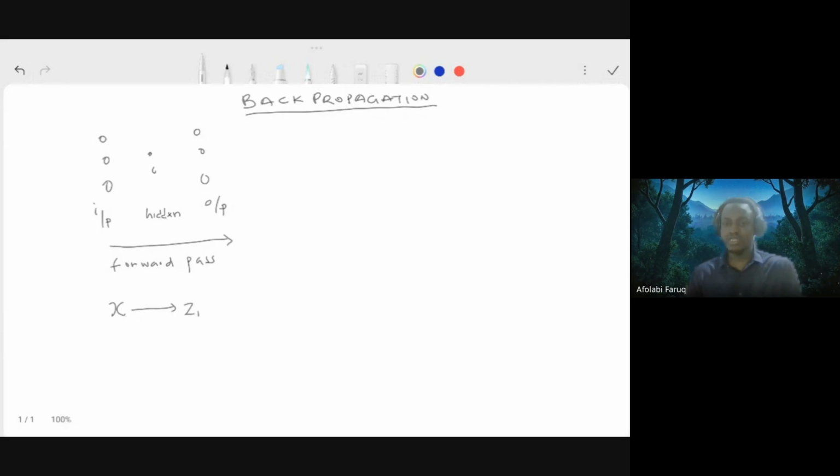Z1 is the output of the transformation, the output of W1 X plus B. So what is W? W is the weights, X is the input, and B is the bias.